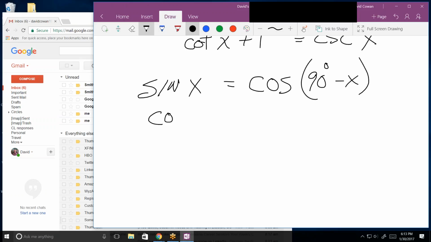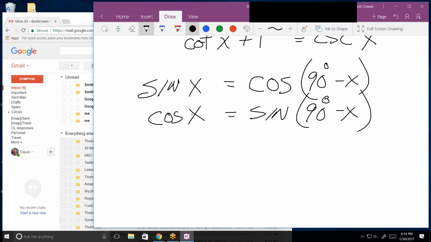Likewise, the cofunction of cosine is sine. Also has this property. Remember that the sine of 30 degrees was equal to the cosine of 60 degrees. The sine of 20 degrees is going to equal the cosine of 70 degrees. So cofunctions have this property.